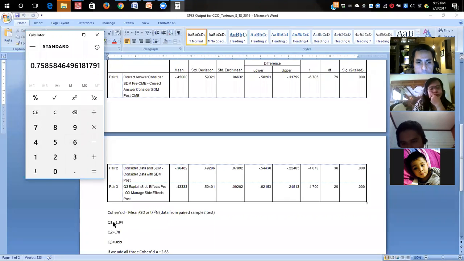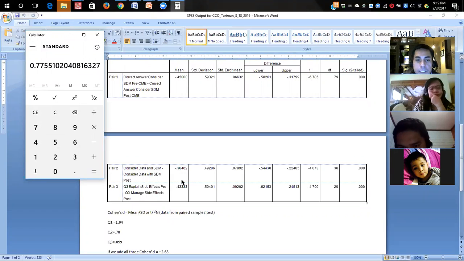And let's see. The number did not match up, so maybe I did not plug in all the numbers. There you go, 0.77, which is 0.78.